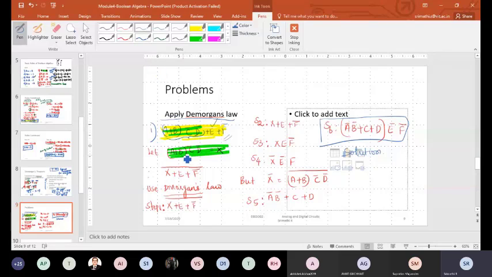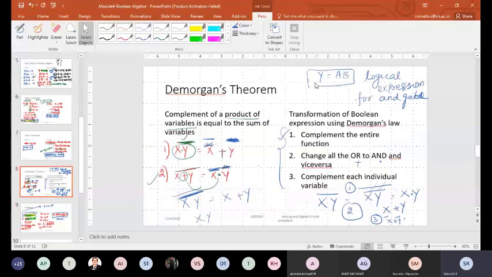So after assigning it, how will the given logical expression be? I am taking it as X, so X plus E plus F bar. What are the steps to be followed using De Morgan's law? The first step is to complement the entire function.